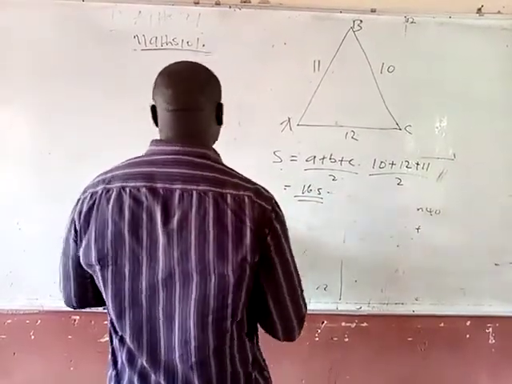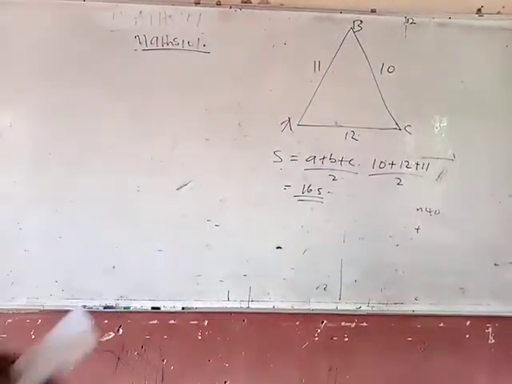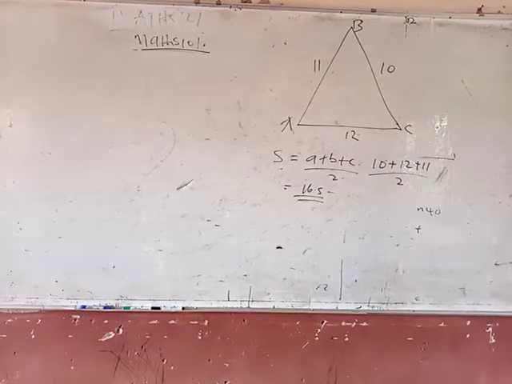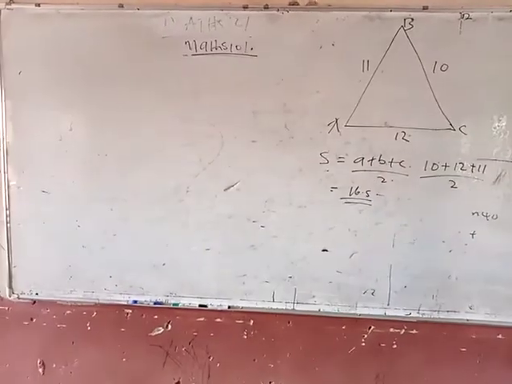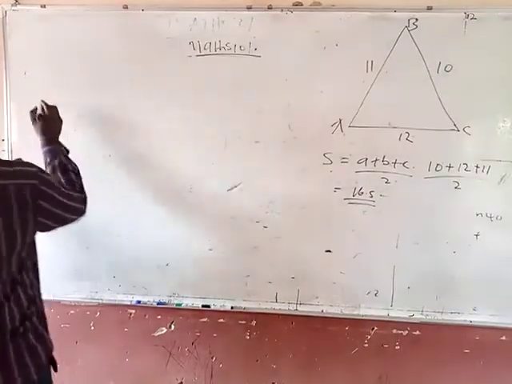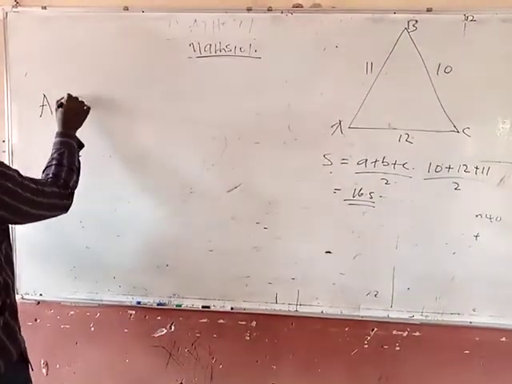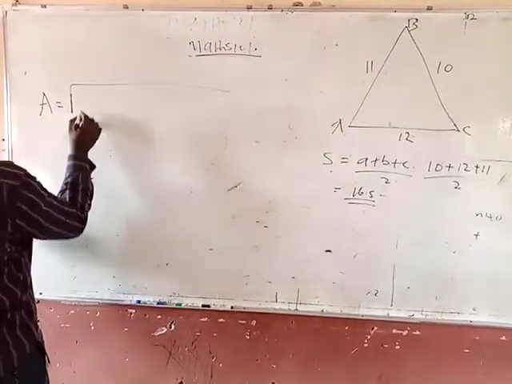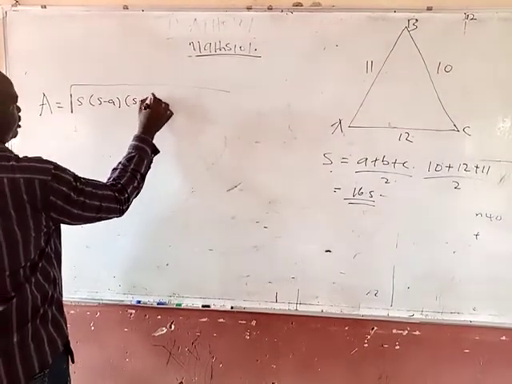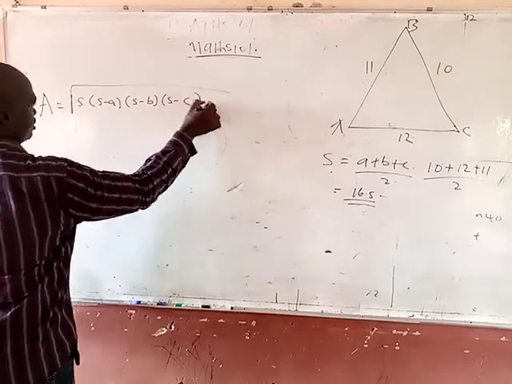The next thing is the area. You already calculated s to be 16.5. So to calculate your area, the formula you should use is: area equals the square root of s times (s minus a) times (s minus b) times (s minus c).